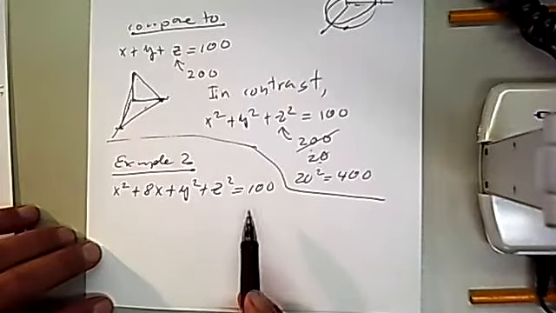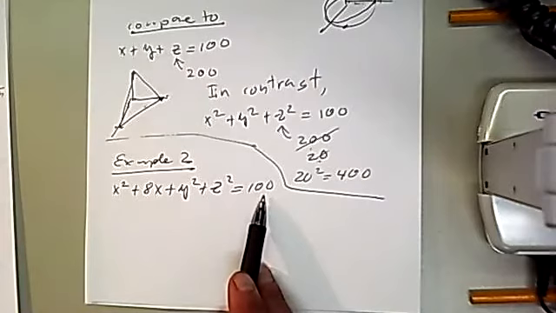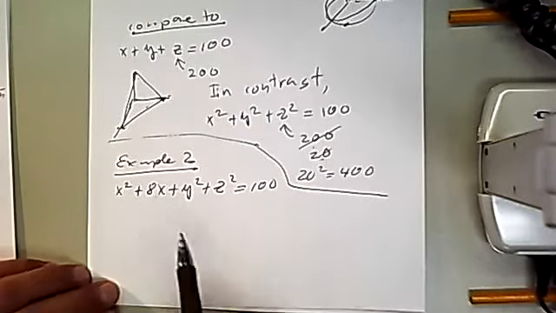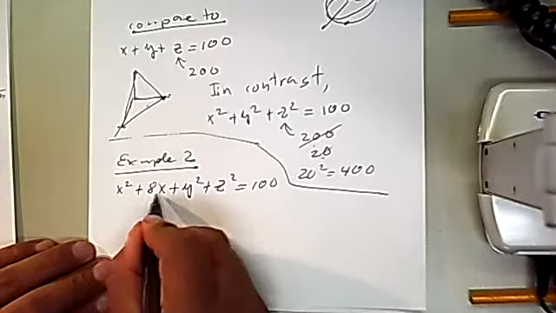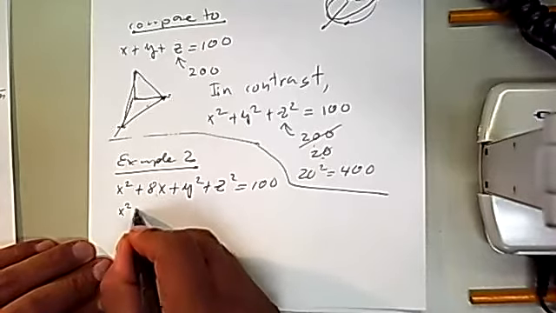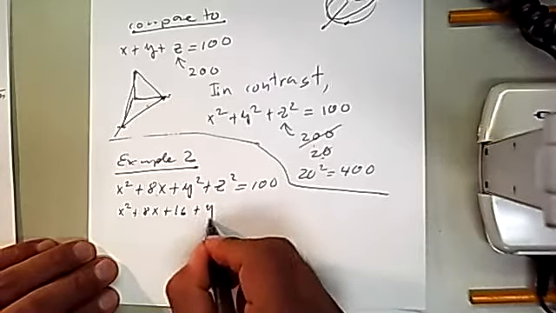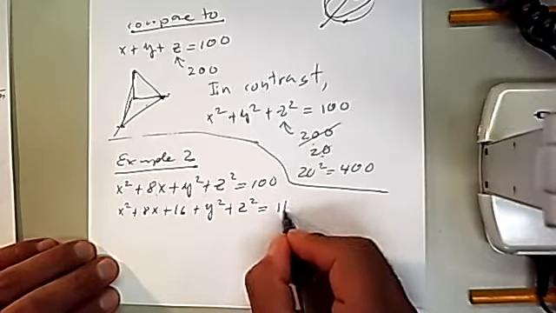So this is a sphere. This is a little misleading. One may think that the radius is 100. It isn't, because there's this extra x. So what we do in this case is complete the square: x squared plus 8x plus 16 plus y squared plus z squared equals 116.